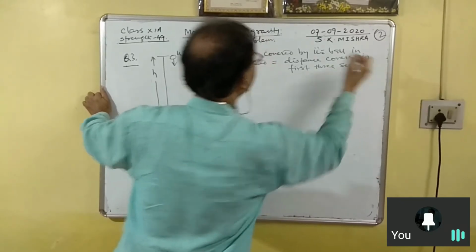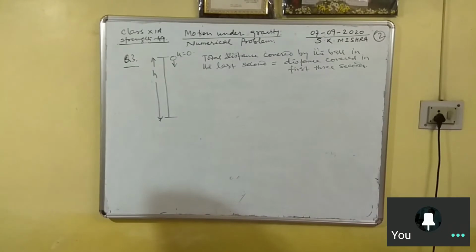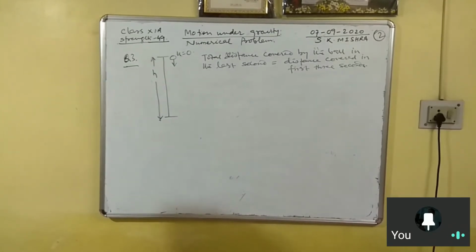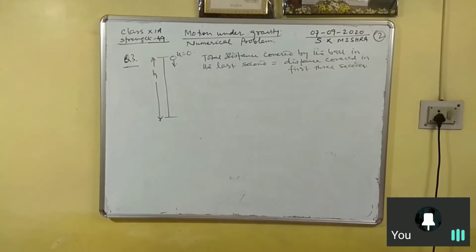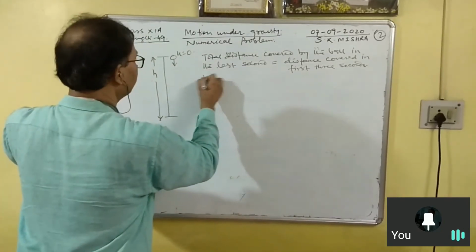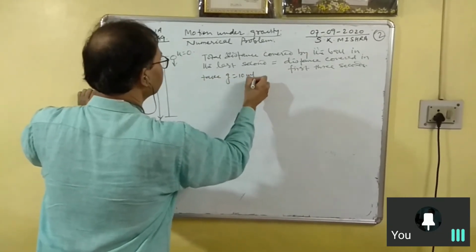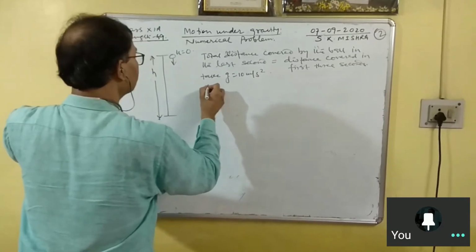This is the condition. Then you have to find the height of the tower. What is the value of h? Take g equal to 10 meter per second square, and then you have to find h.